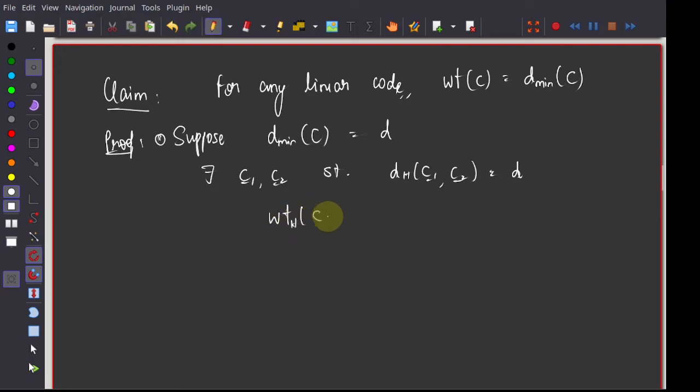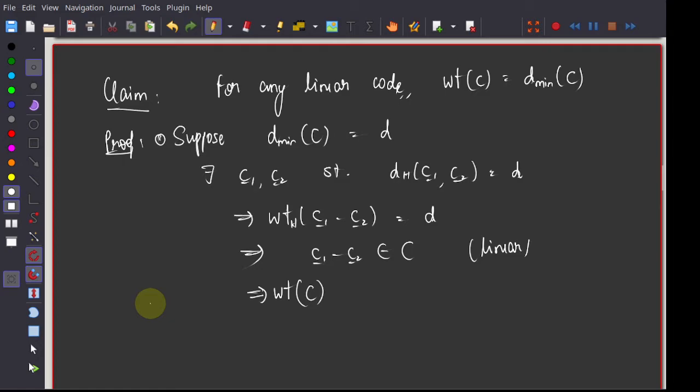So the Hamming weight of C1 minus C2 is equal to d, but C1 minus C2 is also a code word because it is a linear code. Correct? So what can you say about the Hamming weight of C?